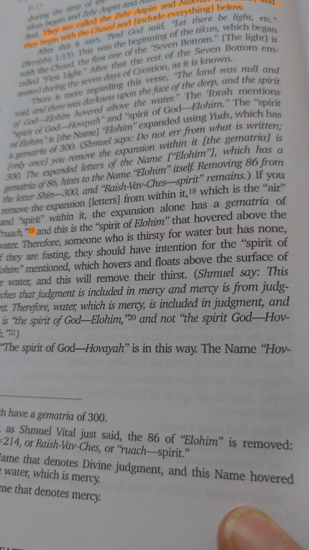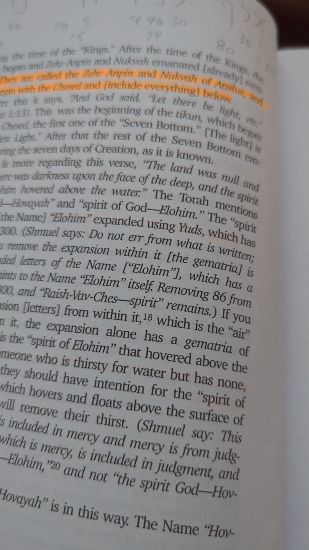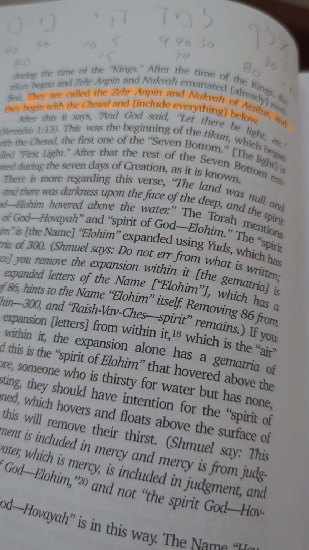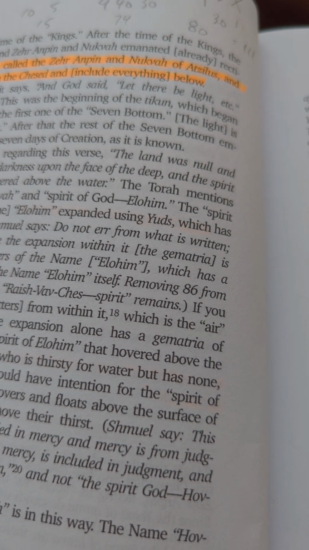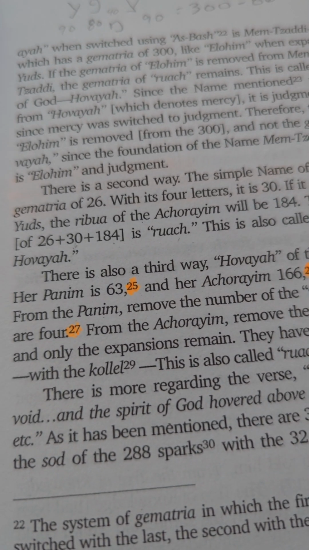The spirit of God, Havaya, is in this way. What the Arizal is going to do is explain how, even though it says in the Hebrew the spirit of Elohim, the subject of judgment, written in the Torah in this verse, there is actually a hidden secret of mercy, Havaya.